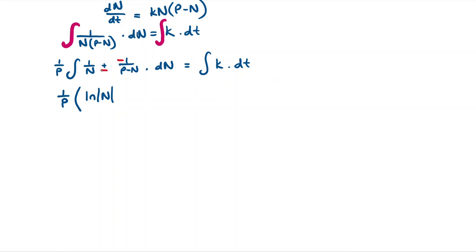So when I integrate the -1 over p minus n, I will get the negative from the front, ln of the absolute value of p minus n. Well, I can't just add a minus sign into my equation.